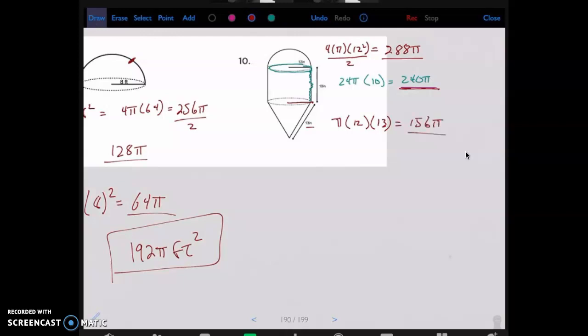And I just add all 3 together. So 288 plus 240 plus 156, 684 pi inches squared.